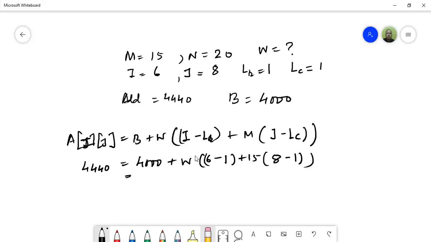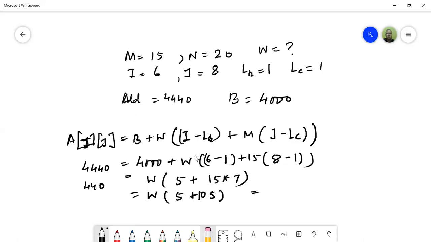So you have 4440 minus 4000 if you do it, so you get 440, and then W times 5 plus 15 into 7. So 15 into 7 is how much? 105. 105. So this is 110.